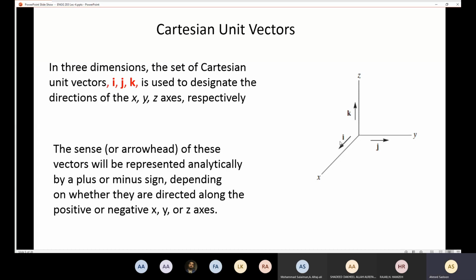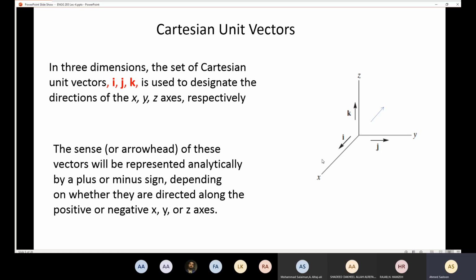And the sense of the vector here, like you can see, I have an arrow here. This one indicates the positive part. But if it was in that direction, that means the I is negative. So I could be positive or it could be negative. It depends on our coordinate system.